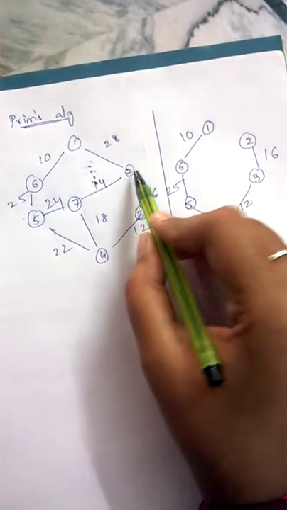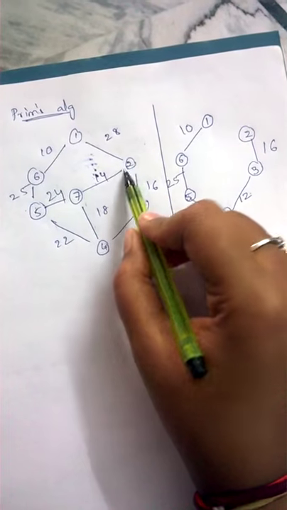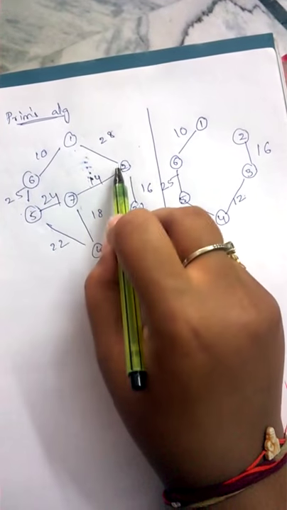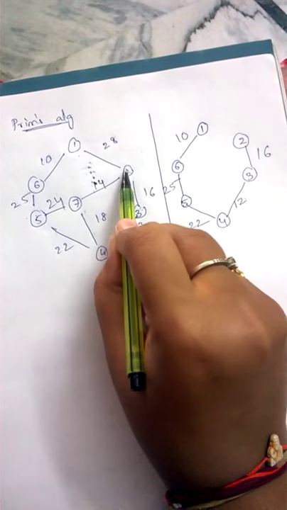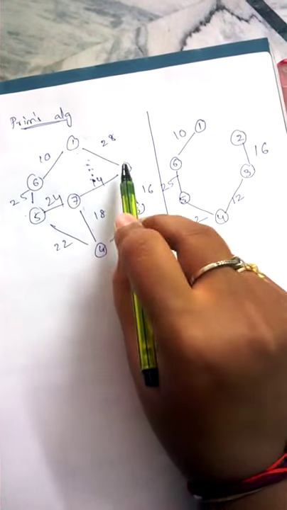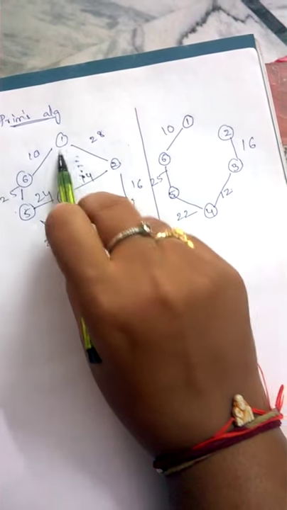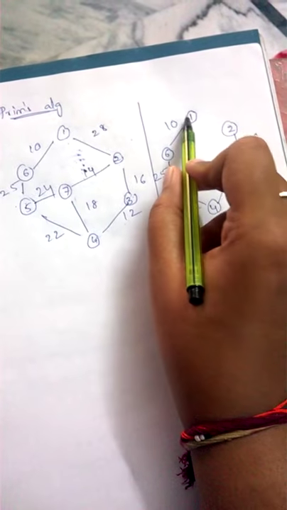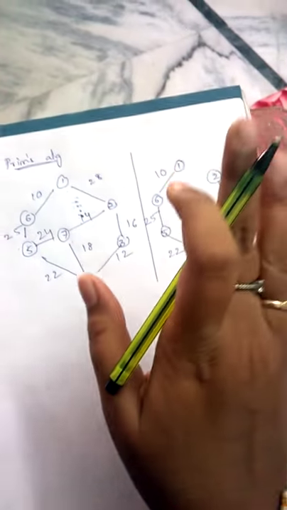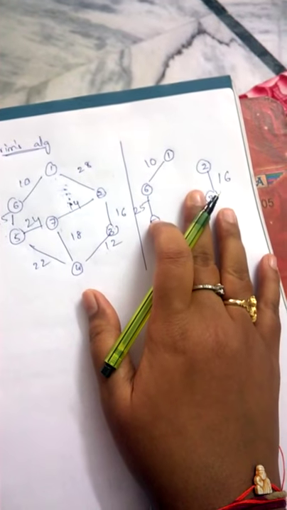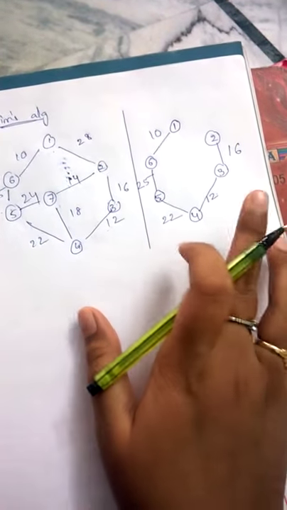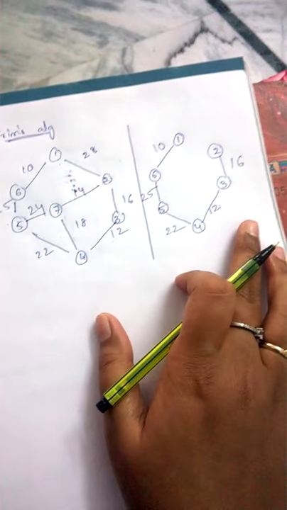Now from 2 you have three possibilities: 2 to 1, 2 to 7, 2 to 3. 2 to 3 we already considered, and 2 to 1 would form a cycle or circle. It is one of the most important conditions that Prim's algorithm, Kruskal's algorithm, or any spanning tree should not have any kind of cycles.